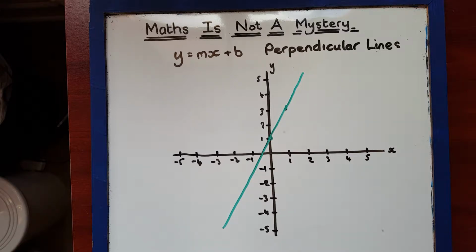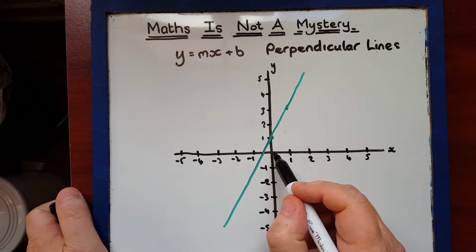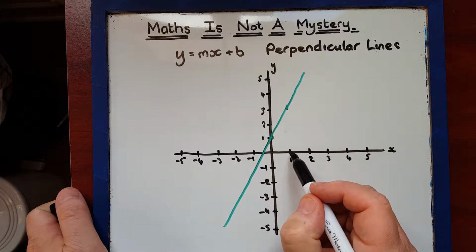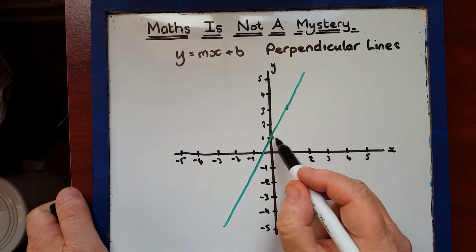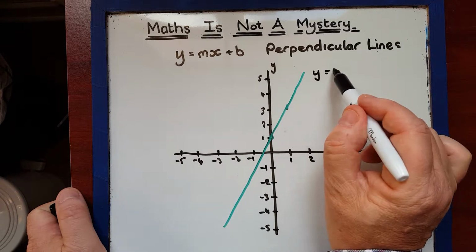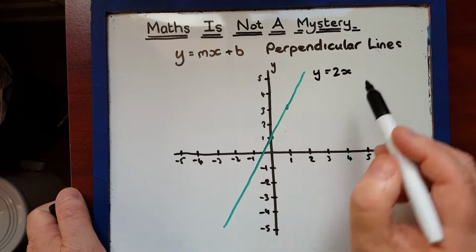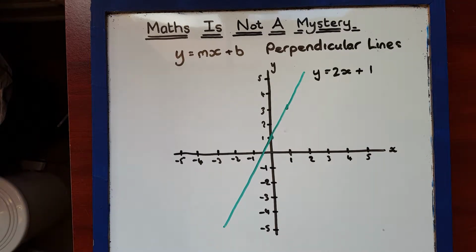So, what's going to happen here? Let's have a look. We've got this particular one. It goes along 1 and it goes up 2. Okay, along 1 and up 2, it's y equals 2x and it crosses at 1. So it's y equals 2x plus 1.